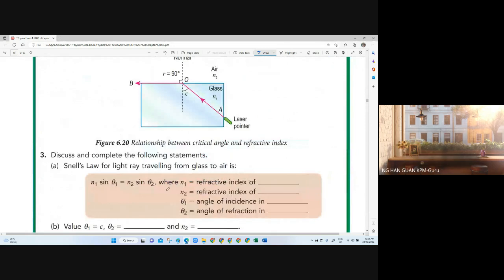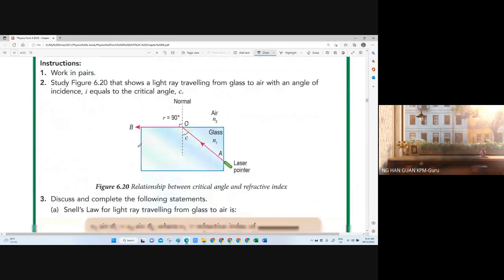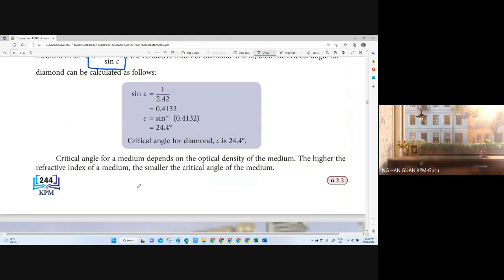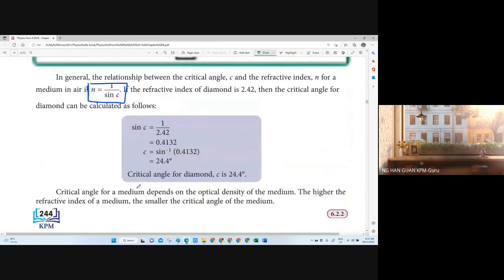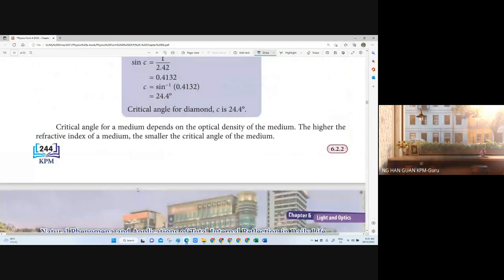So here is the one that I explained to you in this activity 6.4, all right? So how do we get these equations? Actually, it is just mathematics. So from here, one of the conclusions that we can make is that the critical angle of the medium depends on the optical density of the medium.